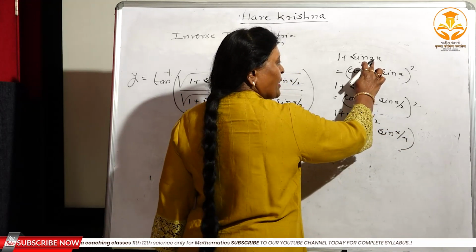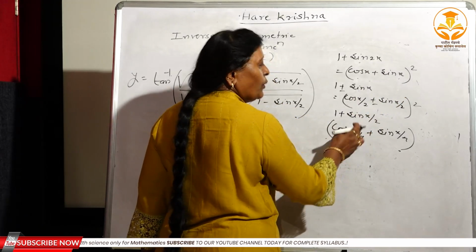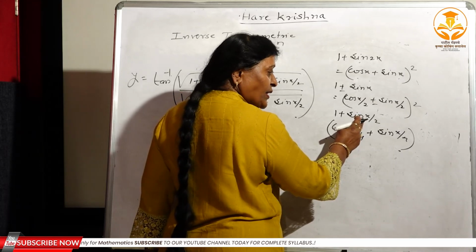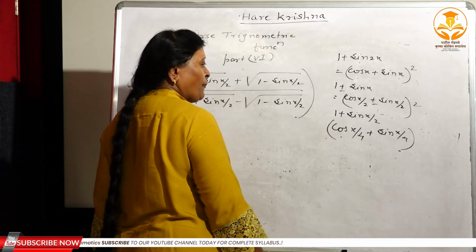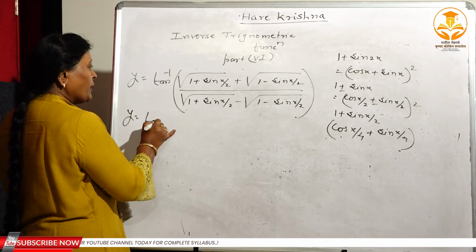Because if there is a 2x, there is an x. If there is an x, x by 2. If there is an x by 2, again, what is the half of x by 2? That is nothing but x by 4, right? Therefore, here you have to use this formula, see here, tan inverse.